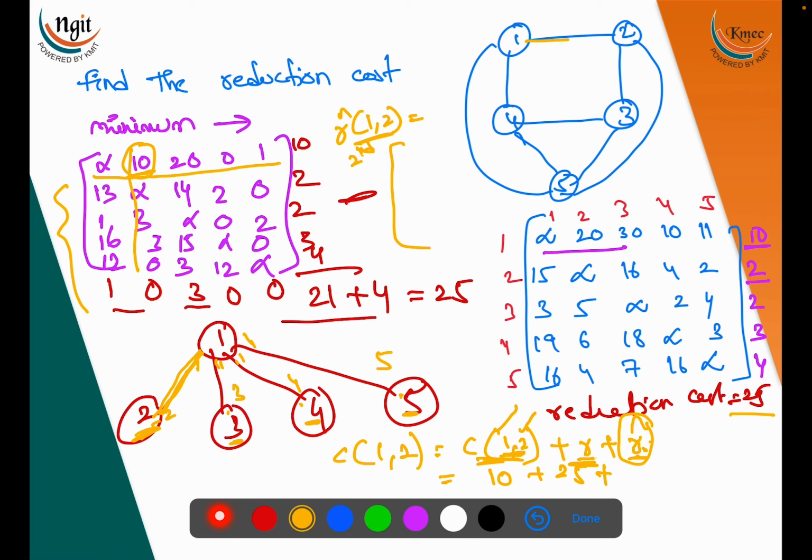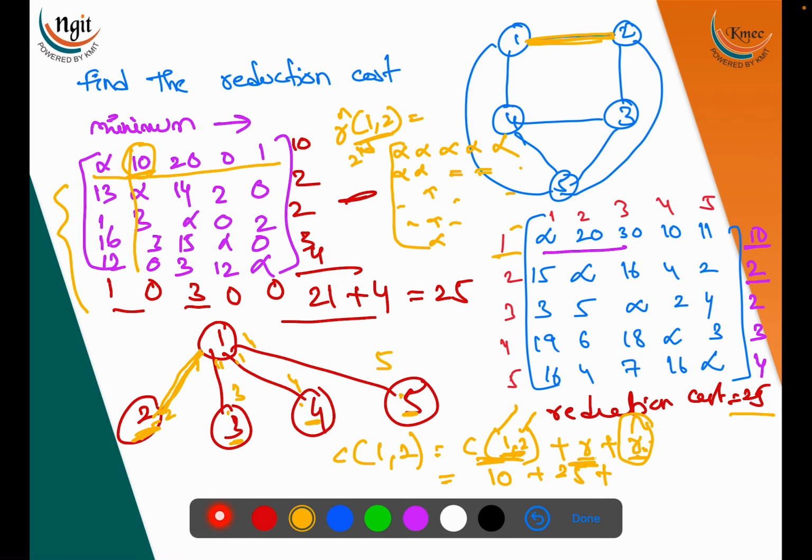So 1 comma 2 and 2 comma 1 is the same cost. If you find here 1 comma 2 and 2 comma 1, it is the same, right? So you have to make infinite. That means first row will be infinite, second column will be infinite, and this 2 comma 1 also infinite, and all are remaining same values.